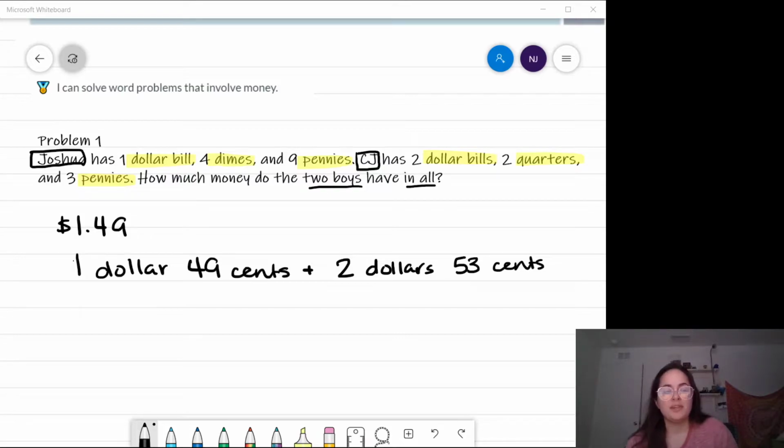So if you can really think flexibly about this, we can think, oh, 49 cents plus 53 cents. You might already realize that we're going to get more than 100 cents.